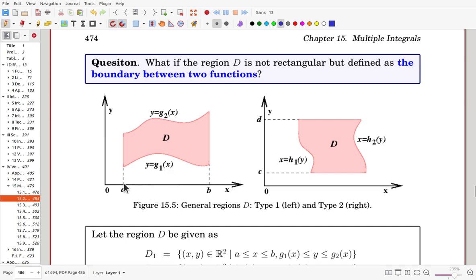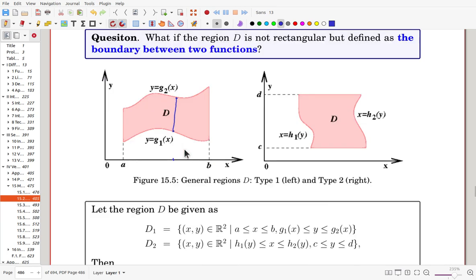For example, x is moving from A to B, and for each x, y is moving from g1 of x to g2 of x, like that. So that once x is moving from here to there, and for each x, we are covering the domain vertically, and then eventually we can cover the domain without duplication.